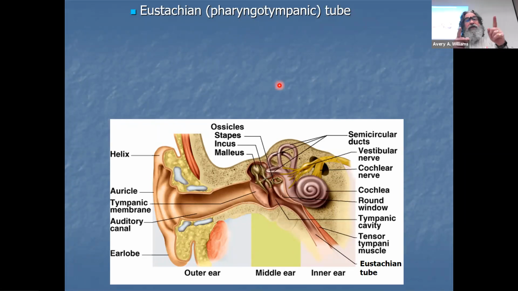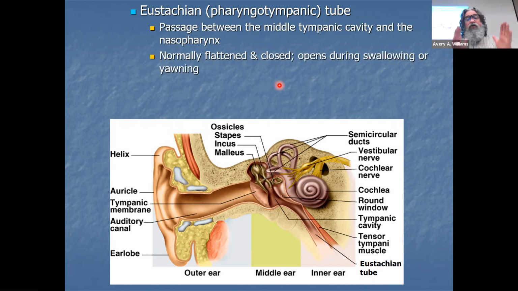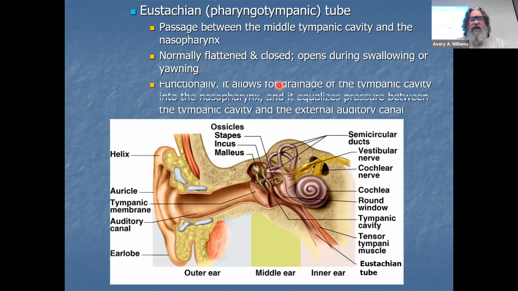So it's the tube that connects the tympanic cavity to your throat. That's exactly what it is. Here I define it as the passage between the middle ear cavity and the nasopharynx specifically. It's normally flattened and closed all the time until you open your mouth and swallow or you yawn. So it opens when you swallow or when you yawn.